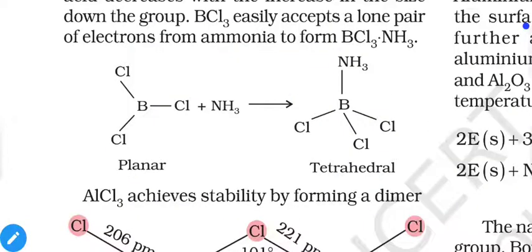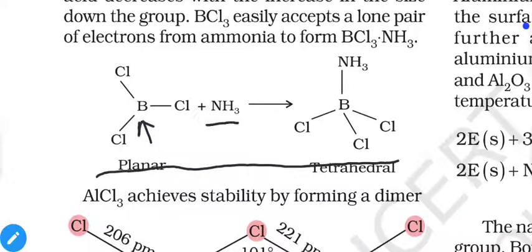As we can see, an example of the same is mentioned here. First we have one boron with 3 attachments which has electron deficiency. That's why it can accept an electron pair from the nitrogen and then form a tetrahedral compound.